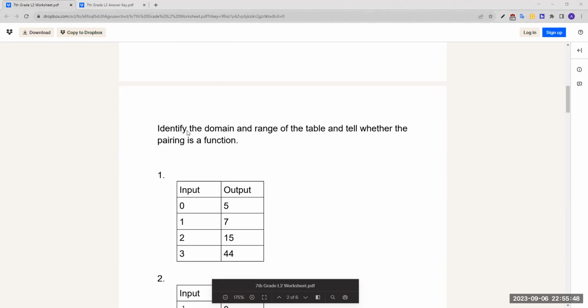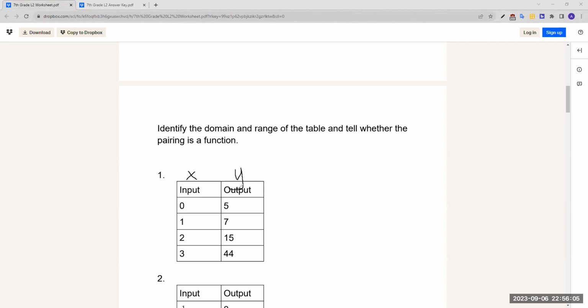Now, identify the domain and range of the table and tell whether the pairing is a function. We're given a table here with an input and an output. The input would basically be x and the output would be y. Now we have to find the domain and the range.